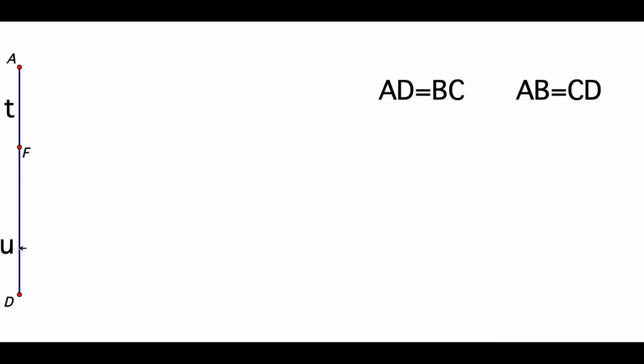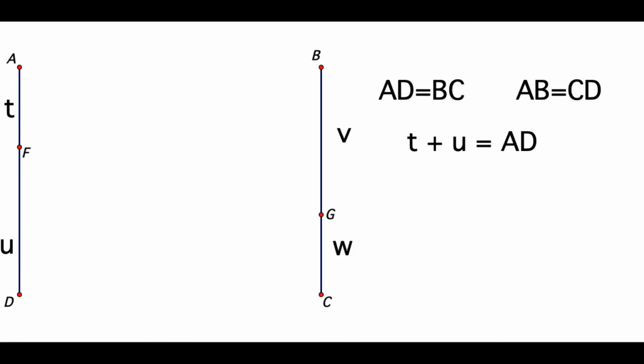If I look simply at the left side with A and D, I know that AD is comprised of these two segments. More to the point, I can say that T plus U is equal to AD. We're going to come back to this in a moment.